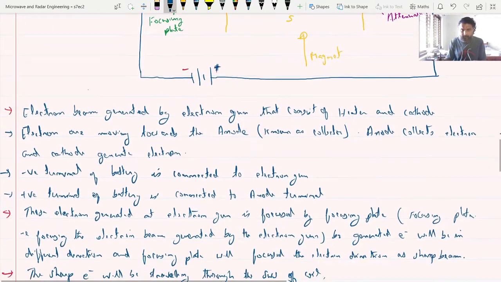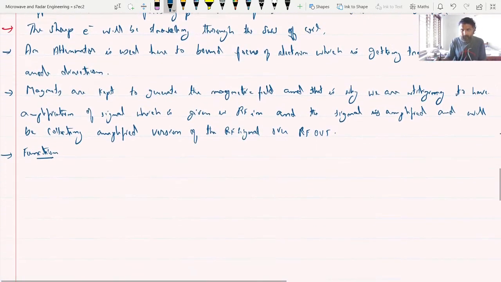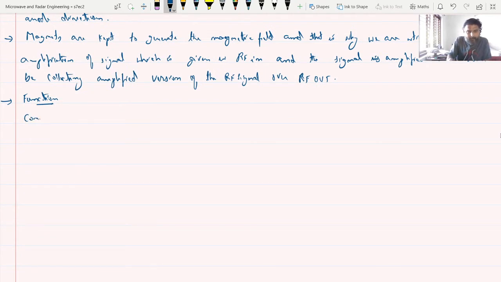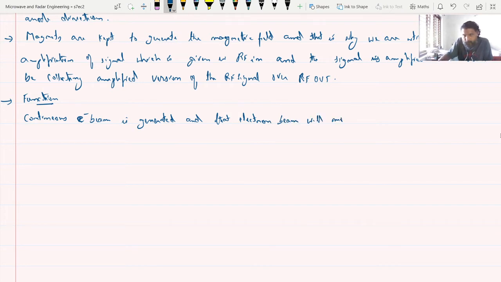I will write that again here. A continuous electron beam is generated, and that electron beam will move in the direction of the anode.